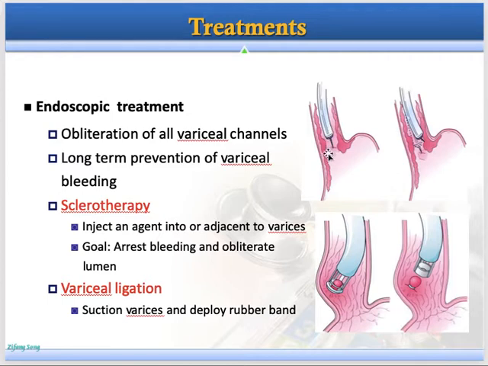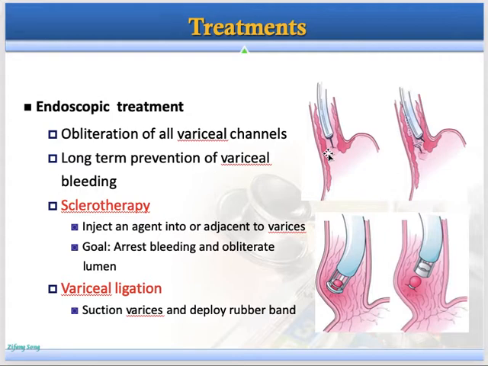So, endoscopy should be performed as soon as possible, guys, because it is the one by which you can directly see from where the bleeding is coming out, and we can do a lot of manipulation, you can say.